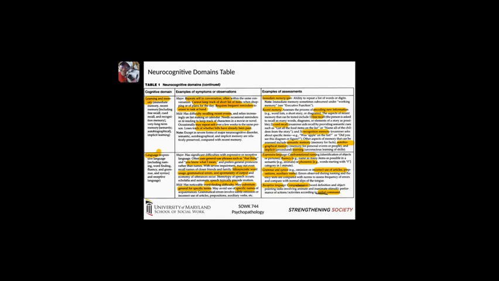So expressive, grammar, syntax, receptive language, which includes comprehension of a word, comprehension of definitions associated with words or objects, and being able to respond appropriately to a verbal command.